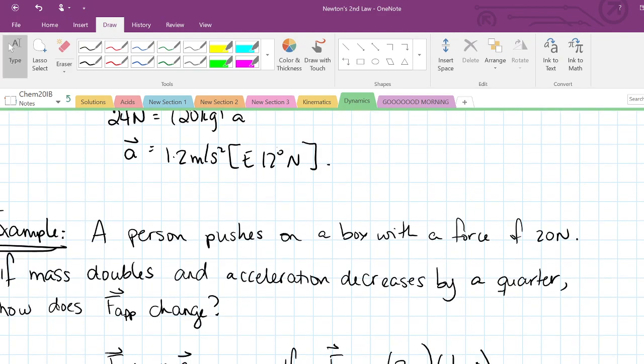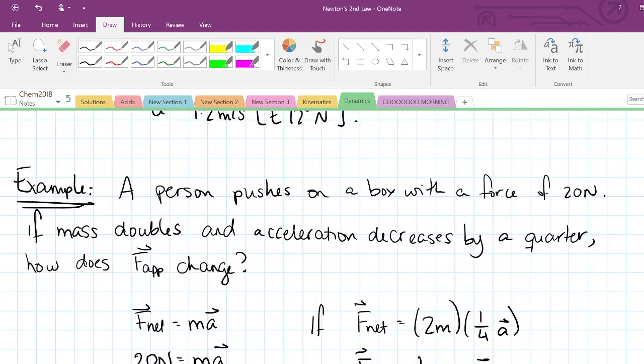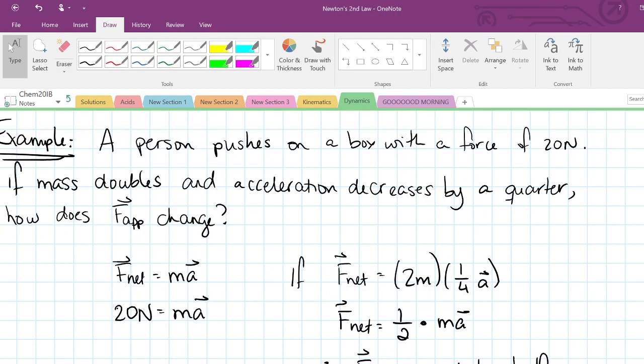Another type of problem you can see is something like this. We have a person that pushes on a box with a force of 20 newtons. If the mass doubles and the acceleration decreases by a quarter, how does that affect the force applied? Okay, so I know force net. They told me the force net is 20 newtons, and that's equal to mass times acceleration.